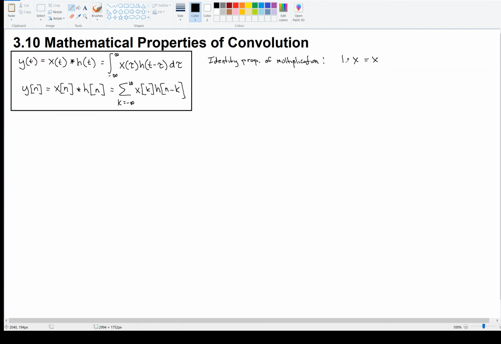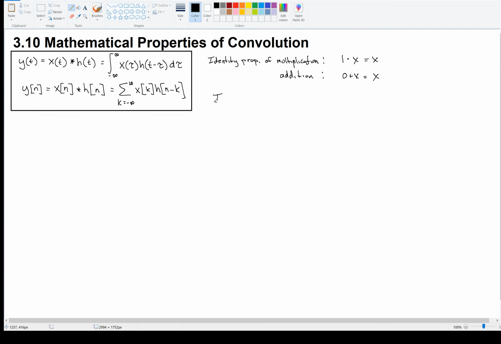So the number 1 is the identity of multiplication. And there's also an identity property of addition. It says 0 plus a number gives me that number. And here 0 is the identity for addition.